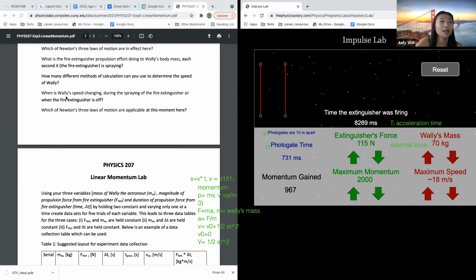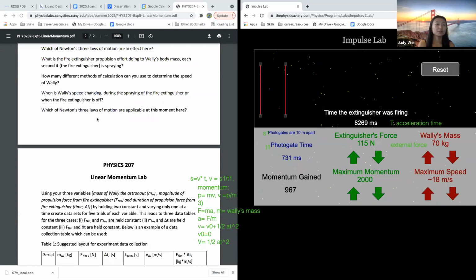When is Wally's speed changing, during the firing of the fire extinguisher, or when the fire extinguisher is off? Obviously, it's when the fire extinguisher is still firing, because that gives the astronaut acceleration.